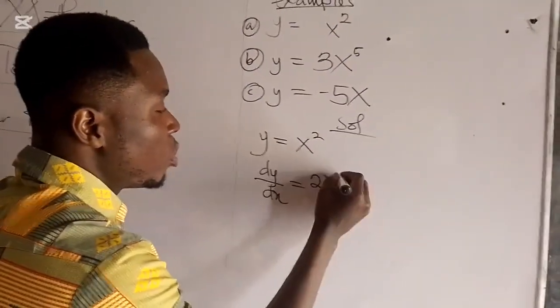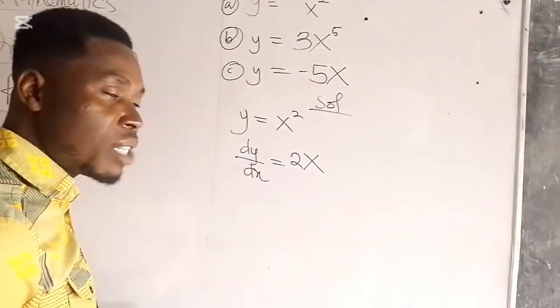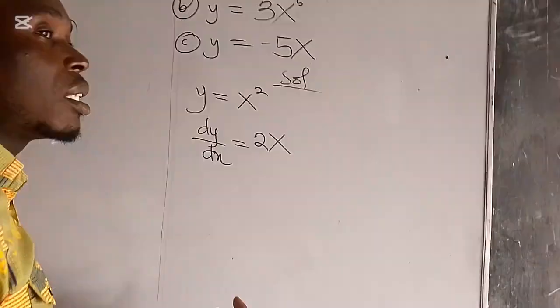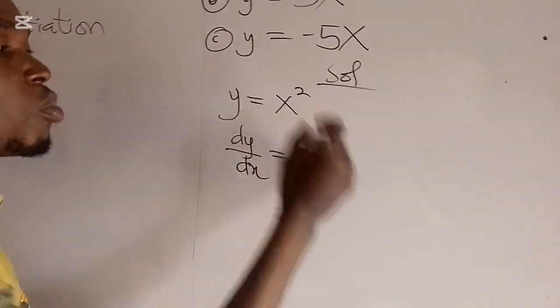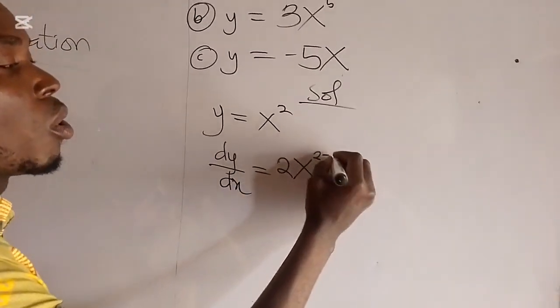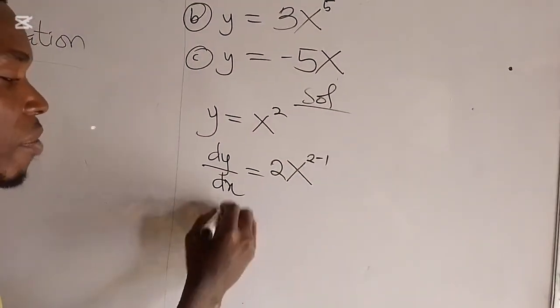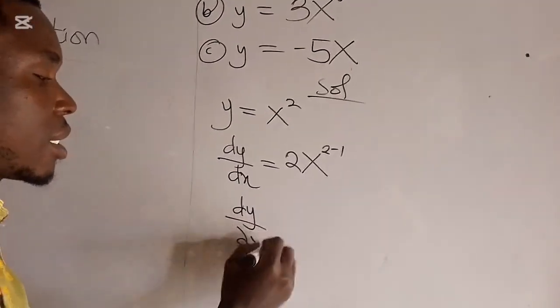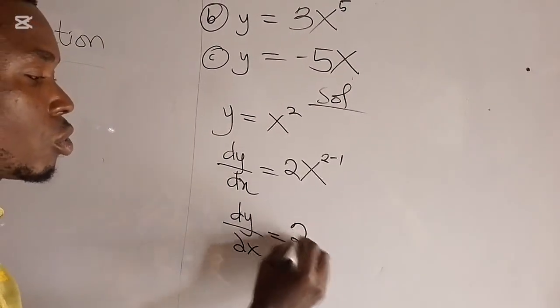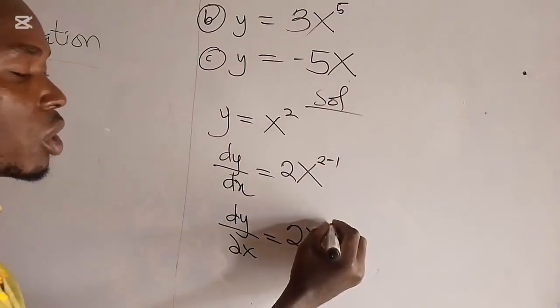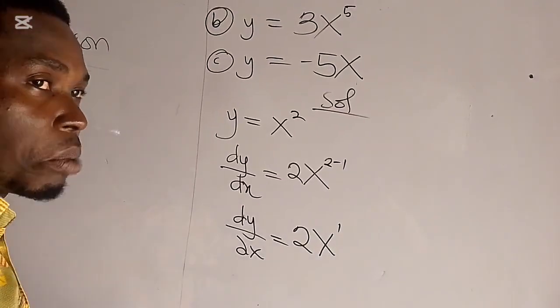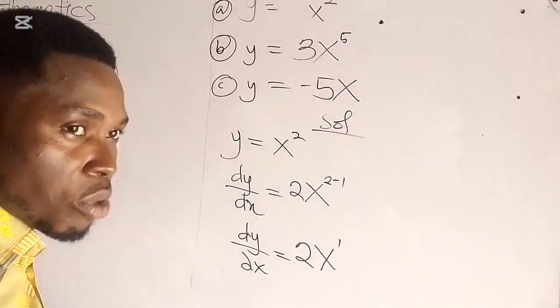Then we bring our x, then we subtract 1 from the exponent. So 2 minus 1. Our final answer for dy dx will be equal to 2x. Then 1 out of 2 will give us 1, but in mathematics, when it is like this, we don't write it.